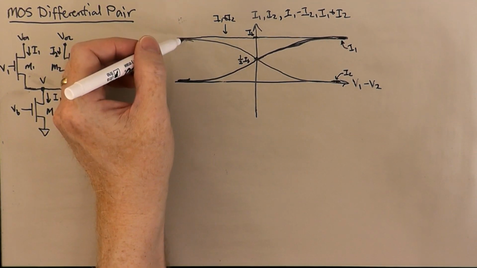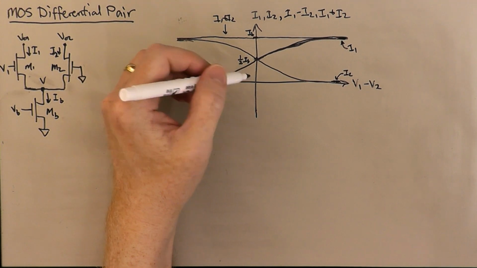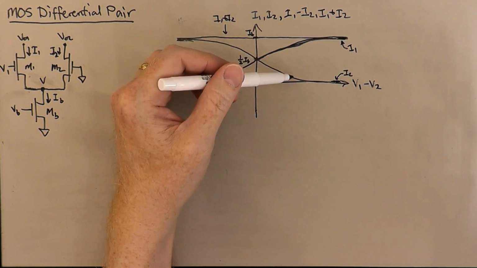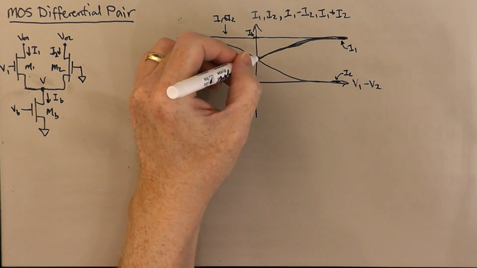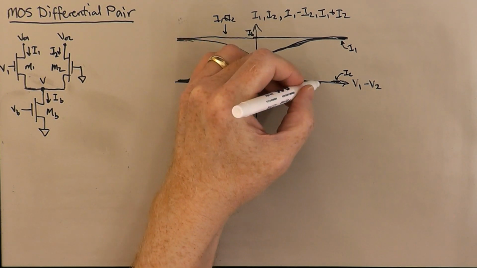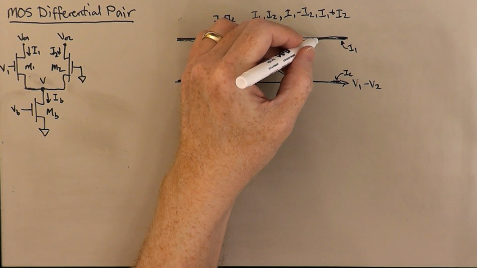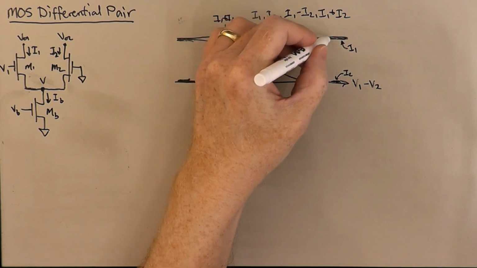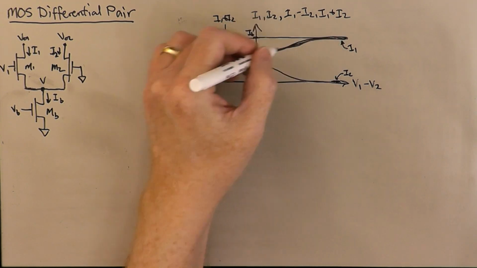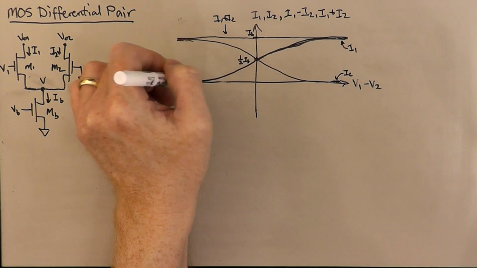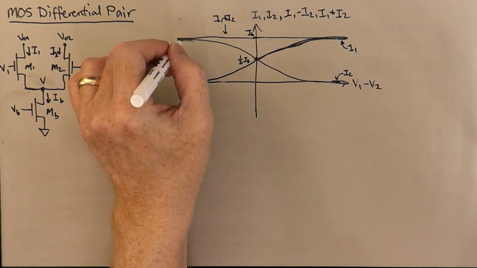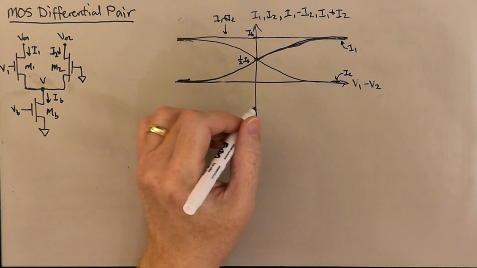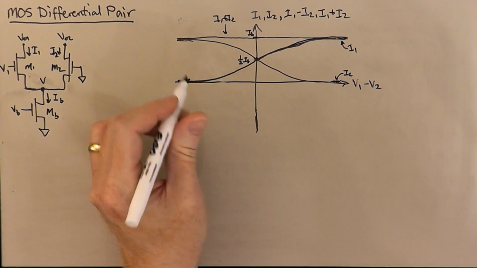And to get I1 minus I2, which was the differential output current, we basically have to subtract I2 from I1. Where I2 is practically 0, we don't subtract anything from I1, and so I1 minus I2 is going to look like I1. When we're on this side, when I1 is practically 0, I2 is up here at IB, we're going to have something like minus IB.